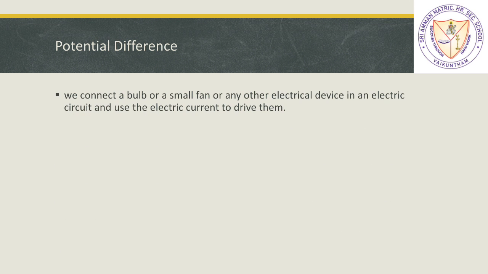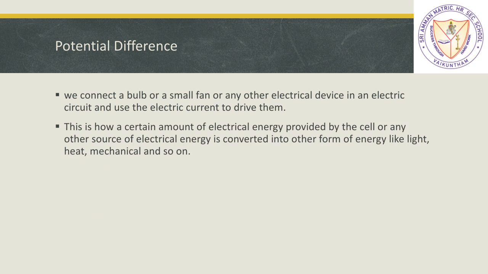So that's why we connect a bulb or a small fan or any other electrical device in a circuit and use the electric current to drive them. This is how a certain amount of electrical energy provided by the cell or any other source is converted into another form of energy like light, heat, and mechanical.